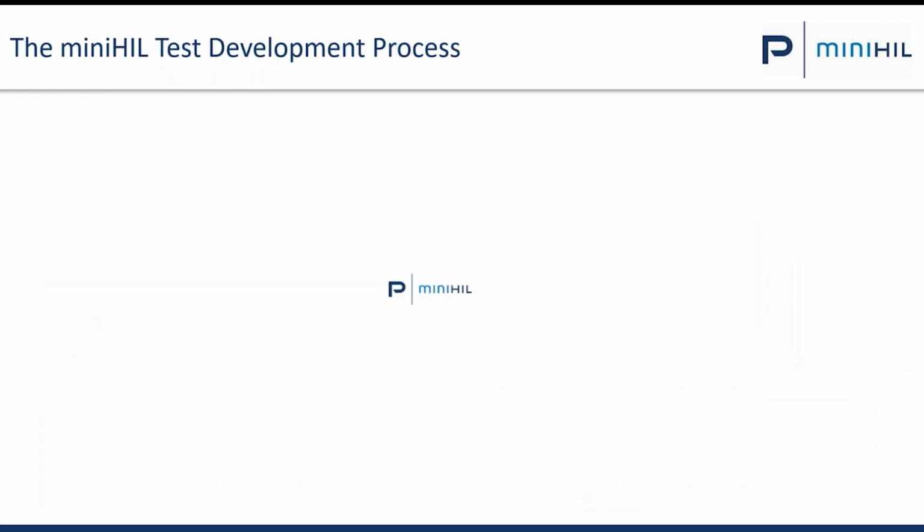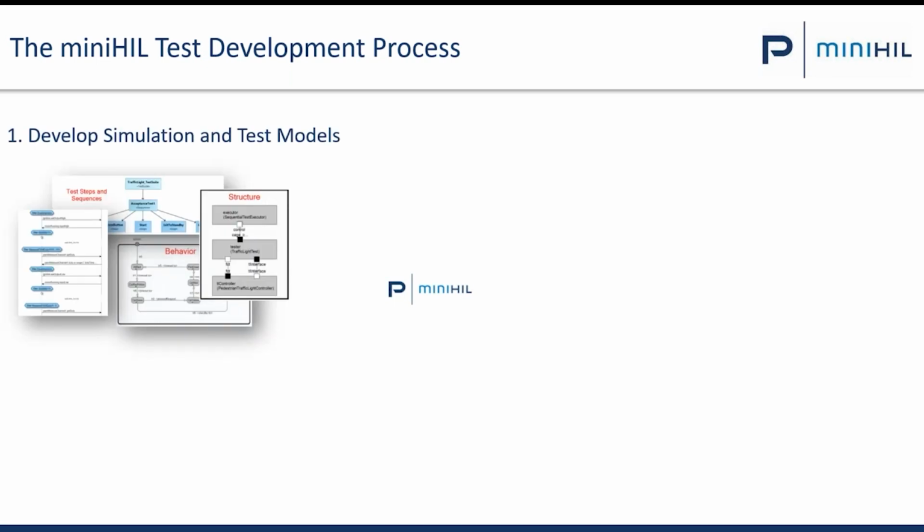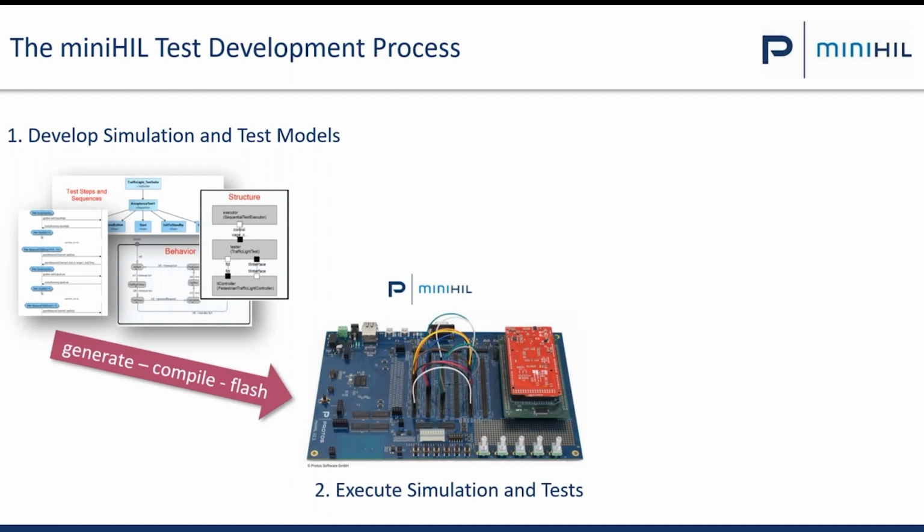In the development process, we need to develop the environment simulations and the test cases. It is a model-based process. So for the miniHIL, we develop the simulation and the test models. Then we generate the code in C, we compile this, and we flash this to the execution target here, so basically to this processor.